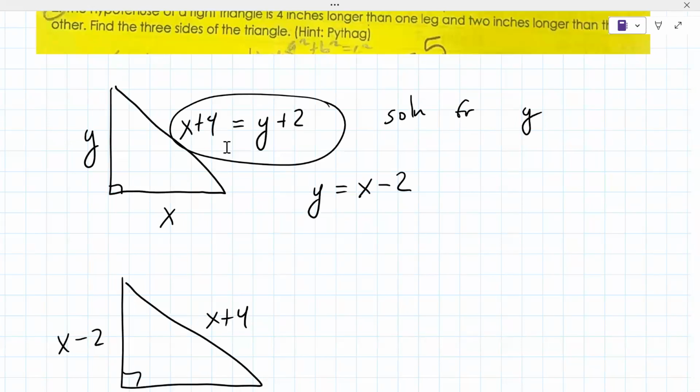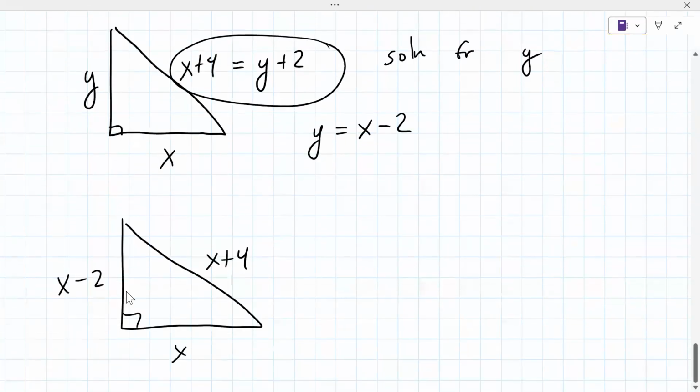Like either one, they're equal. And so you solve it for y because you can't have y here on this leg. You need to have the same variable. Oh, so you solve for y, you get y equals x minus 2, and then you put it in. Okay, got it.